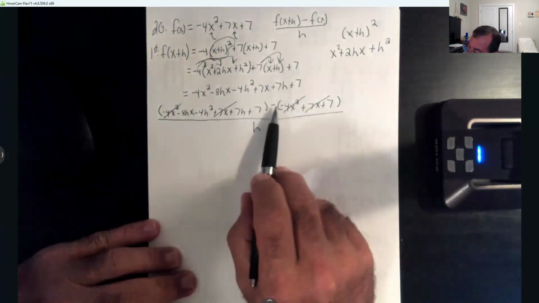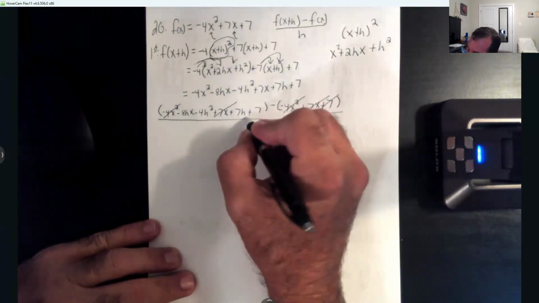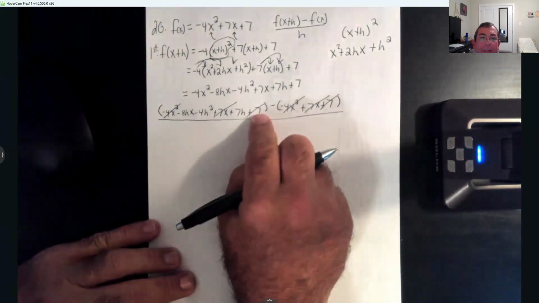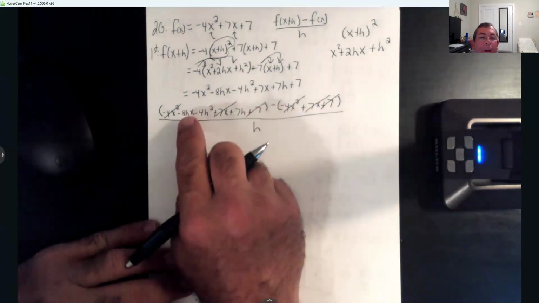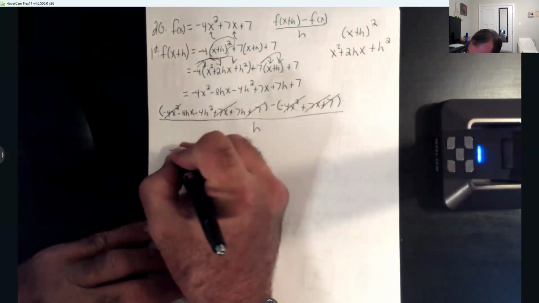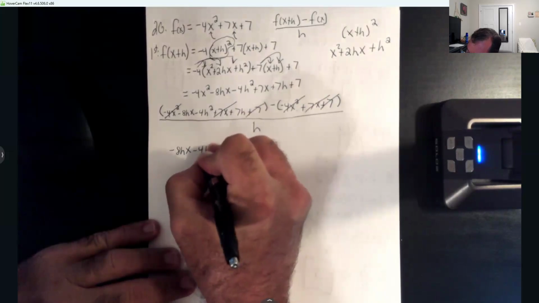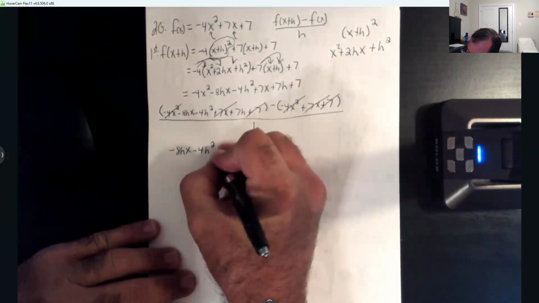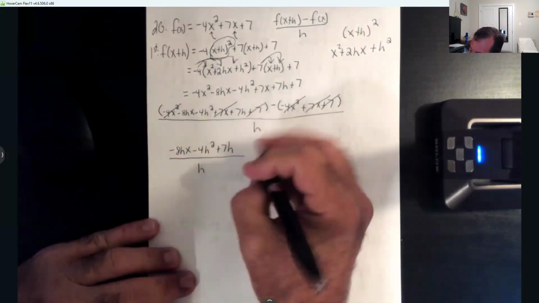And then remember, this is like a negative 7. Well, that negative 7 is going to cancel with that positive 7. So find these three over here and cancel them. All that's left is the negative 8hx minus 4h squared plus 7h, all over your h.